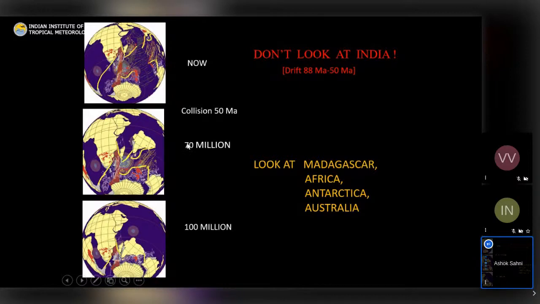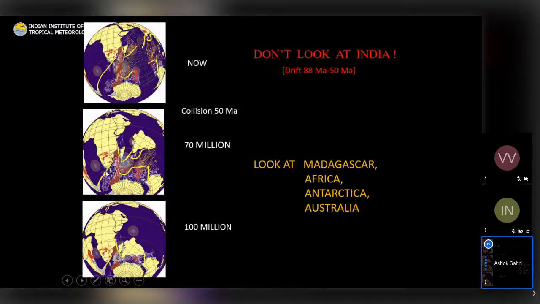If you look at 70 million, India has taken off for Asia. But if you look at Madagascar and Australia, they're basically in the same place. They've rotated a little bit, but relative to Africa, relative to Antarctica, they have not gone as far as India has. And by the time India reaches Asia, Madagascar, especially, has remained nearly where it is, and Australia has moved a little forward.